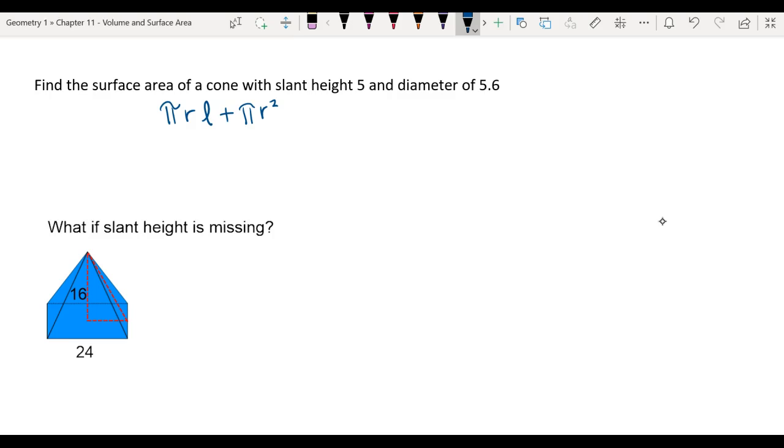Your slant height is 5, your diameter is 5.6. So I'll draw a picture of that quick. So here's your cone. It says my diameter is 5.6. My slant height is 5.